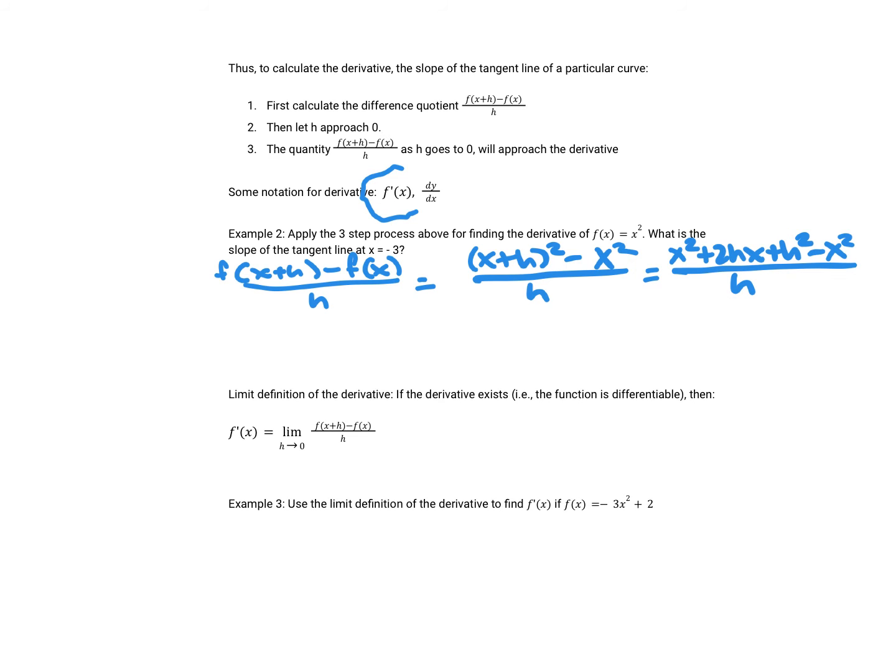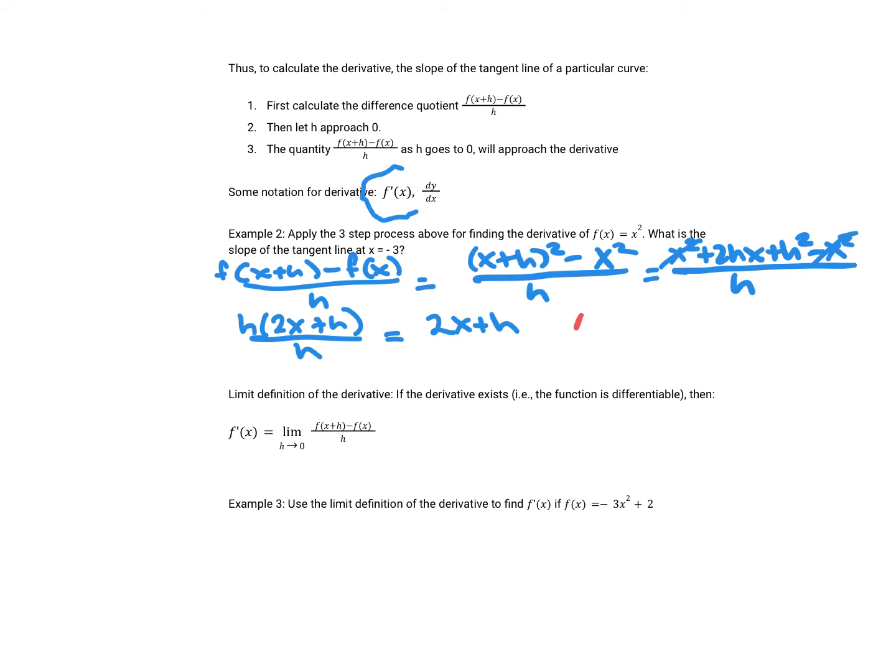Remember, in the first unit, we would need that h in the denominator to cancel. That kind of gives us an indication that we were doing this correctly. And so the x squareds go away here, and I can factor out an h from the top. So I'm left with 2x plus h over h, or 2x plus h.